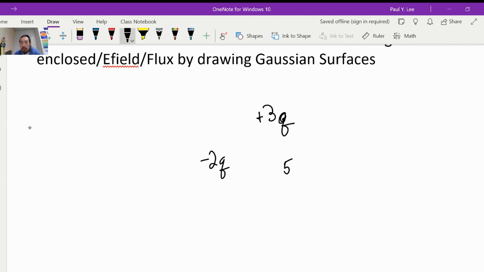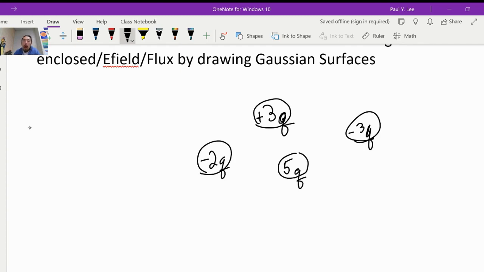We'll have a 5Q there, and we will have, let's do a negative 3Q. And these are just charges. I'm going to draw different Gaussian surfaces. Remember, a Gaussian surface, we want it to be symmetrical, but conceptually it works as well.